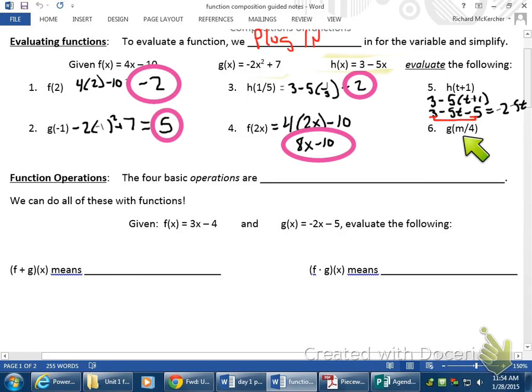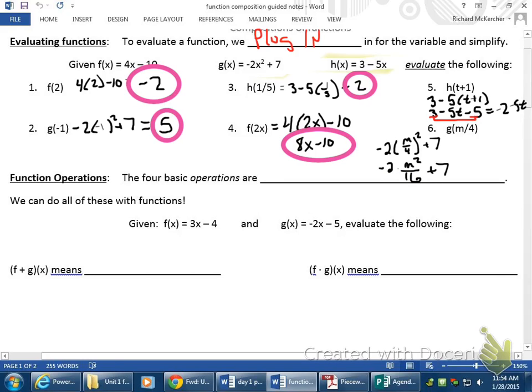The last one here, I have m over 4, and we have to remember how to do that. I'm going to use the function g, which is this one. Now, the first thing I have to do, of course, is remember how to square m over 4 squared, and that's going to be m squared over 16. And now I have to remember how to multiply fractions.